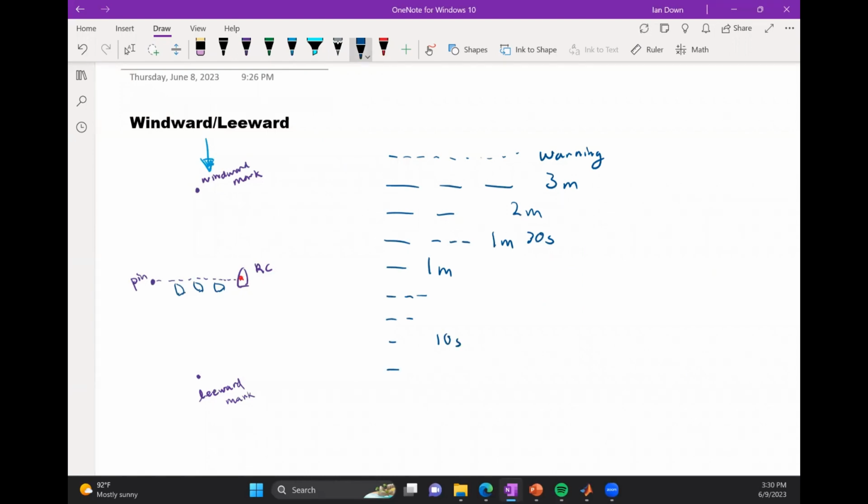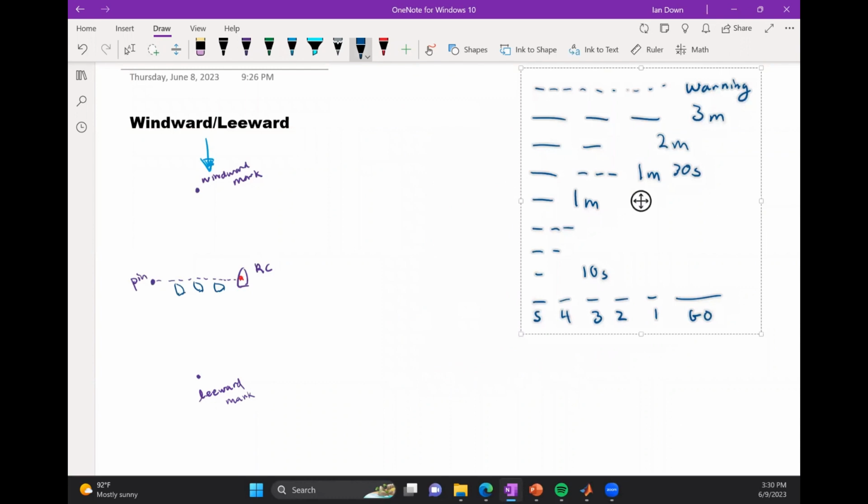Then we have 5, 4, 3, 2, 1, and then 1 long one for go. And that's pretty common across the board. It doesn't really matter where you're racing.